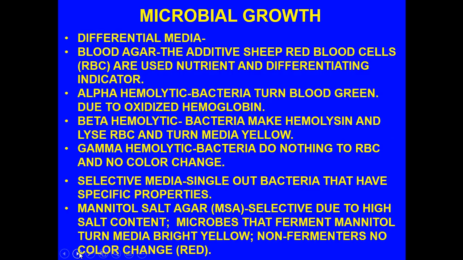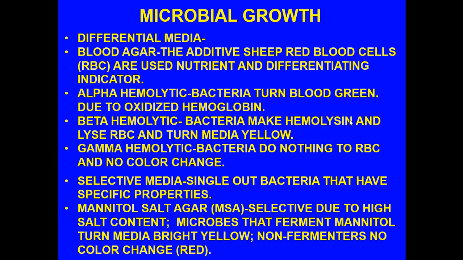All right. Now, let's go over a couple of examples of both differential and selective media. If we use blood agar, the additive of sheep red blood cells to the agar, the red blood cells are used as a nutrient and as a differentiating indicator. For example, certain bacteria will undergo either alpha hemolytic, beta hemolytic, or gamma hemolytic changes.